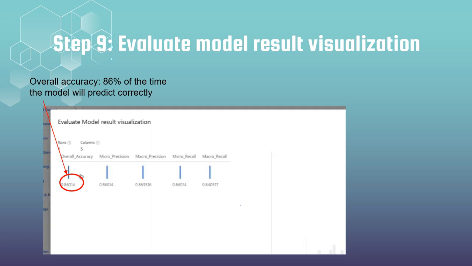So this is the log file that it generated. As you can see, the overall accuracy is approximately 0.86, which means 86% of the time the model will predict correctly, which is pretty good in my opinion.